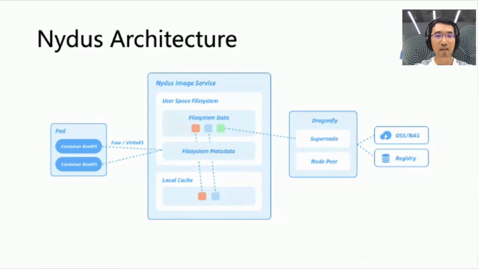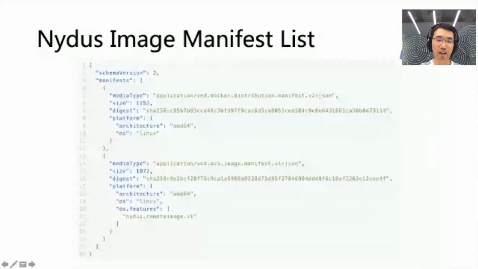So this is a Nydus manifest list. We make use of the OCI image spec to append a Nydus image after a normal OCI image. Right now we identify this with an OS feature bit, and it kind of works like an annotation.